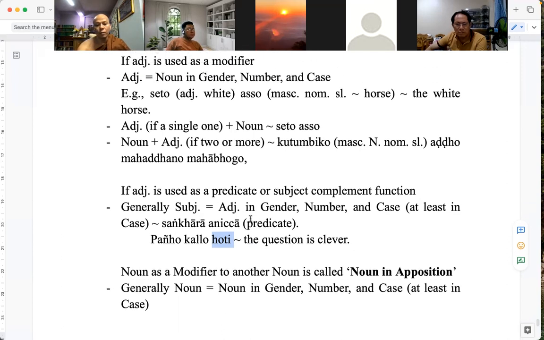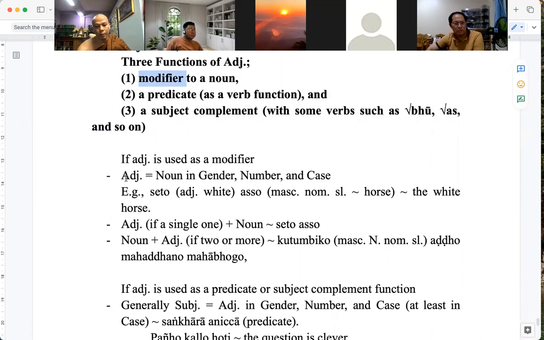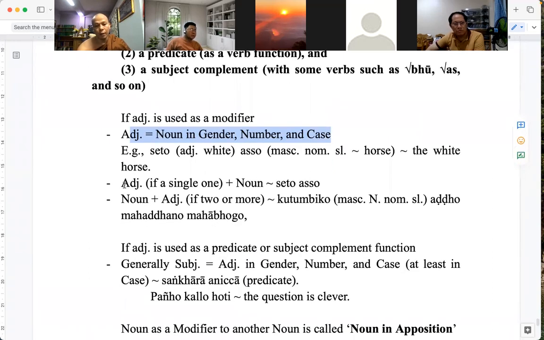So an adjective has three functions: modifier, predicate, or subject complement. If we use it as a modifier, the adjective must be the same as the noun in gender, number, and case. And if a single adjective is used to modify a noun, it takes place before that noun.